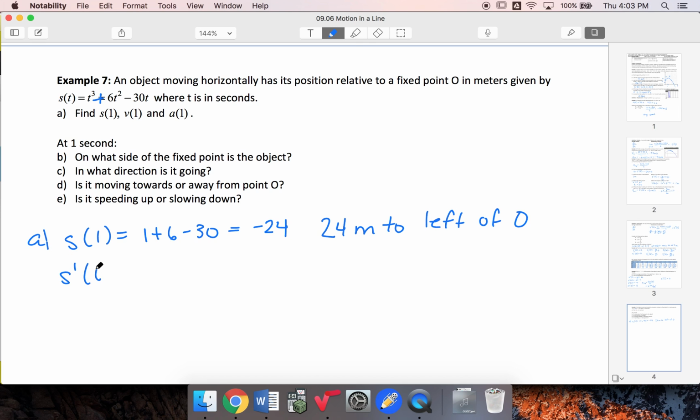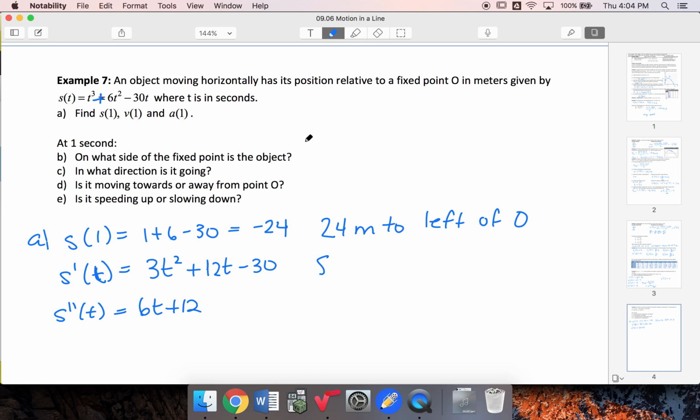My first derivative at 1, well, first let's find the first derivative. That's going to be 3t squared plus 12t minus 30. My second derivative is going to be 6t plus 12. So notice, as long as time is positive, my second derivative is always going to be positive, which will mean that I'm constantly accelerating.